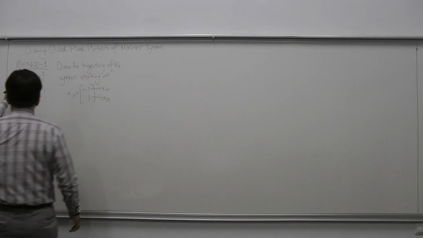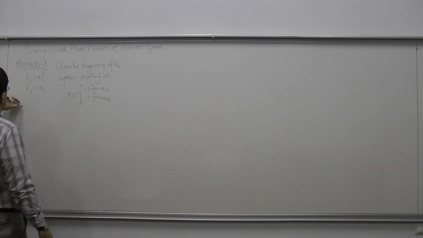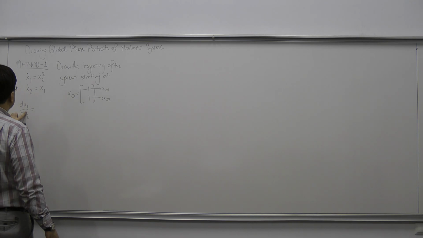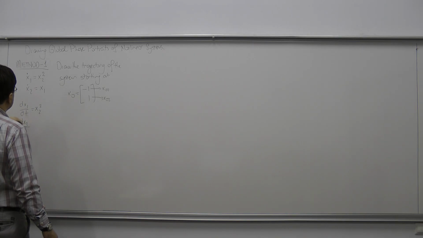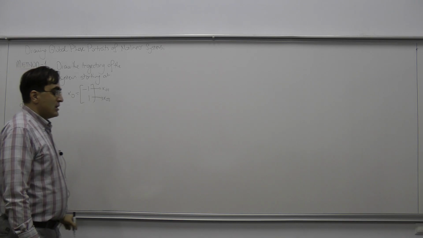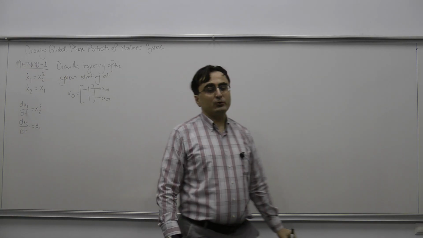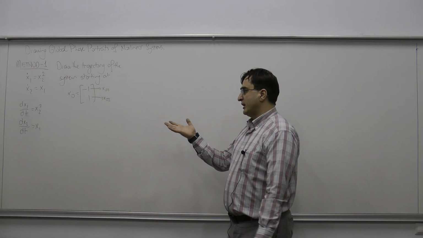I write these derivatives as follows: dx1 over dt is equal to x2 square, and dx2 over dt is equal to x1. From these two equations, I need to cancel time.